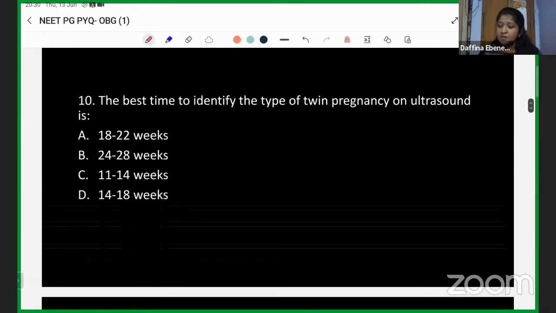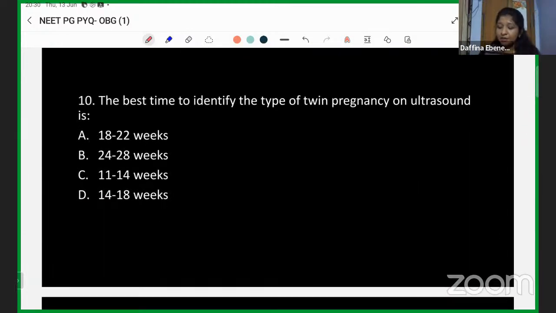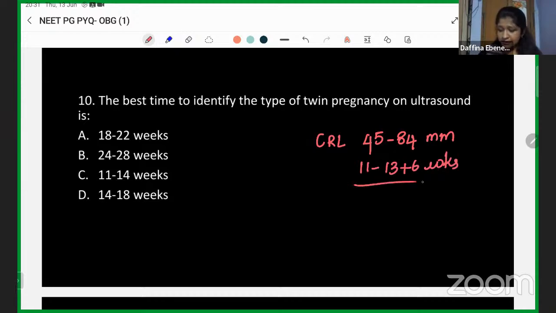So the best time to identify the type of twin pregnancy on ultrasound is, okay. You can identify the type of twin pregnancy on ultrasound ideally when the crown rump length is between 45 to 84 millimeters. When will the crown rump length be between 45 to 84 millimeters? It is between 11 to 13 plus 6 weeks.